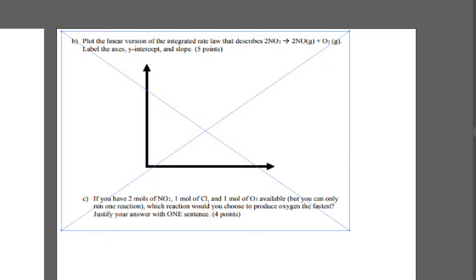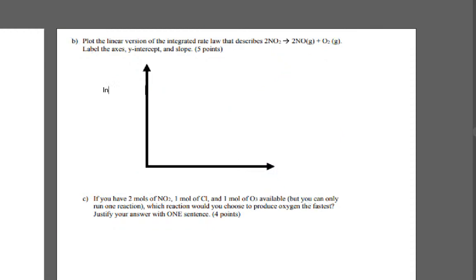So for this, we know that basically this axis would be the ln of [NO2], and this one here is time. I believe it's time. Let me just check that out. Yeah, it is time. And then this line should go down like this. That should be the graph. The slope here should be negative k.